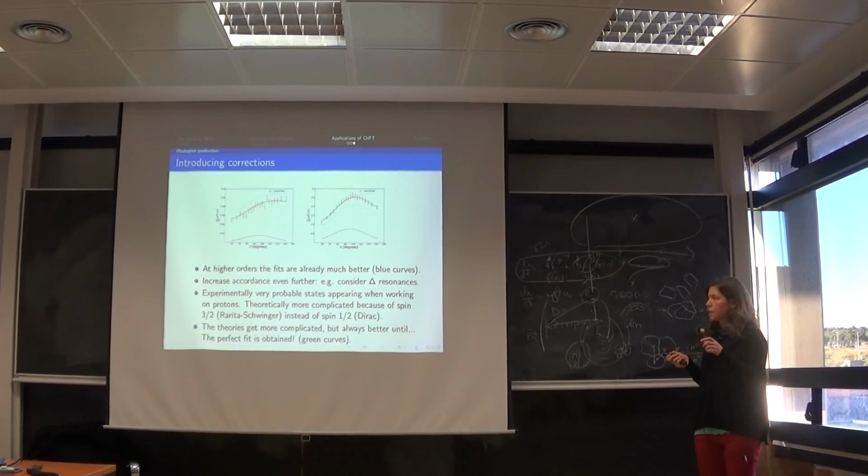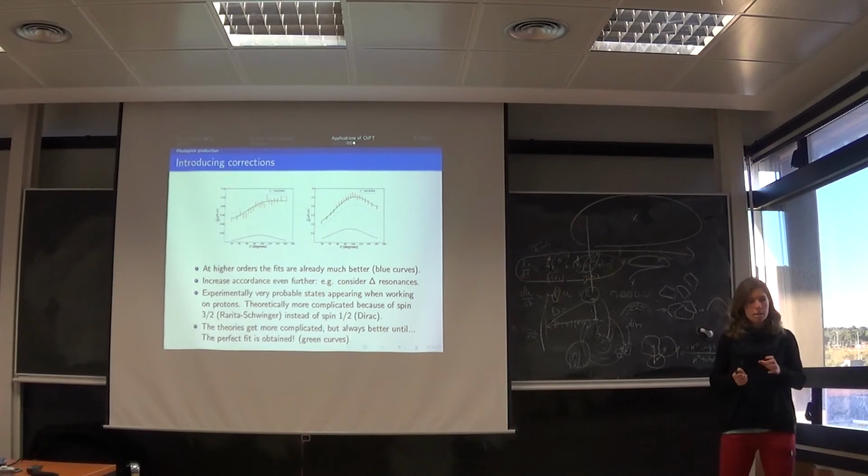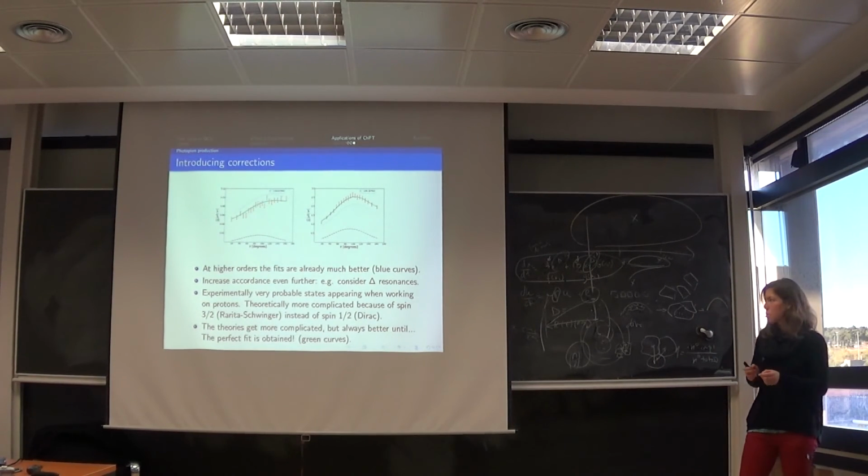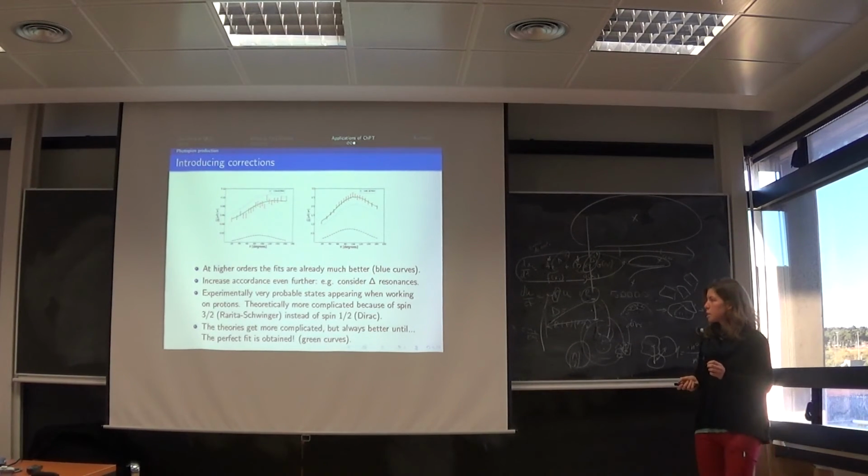It's the so-called delta resonance. A delta particle is not that different from a proton. It also has the same valence quark constitution. The difference is that while a proton is a spin 1/2 particle, which can be explained by Dirac theories, the delta resonance, which is just the resonance of the proton, has a spin 3/2.